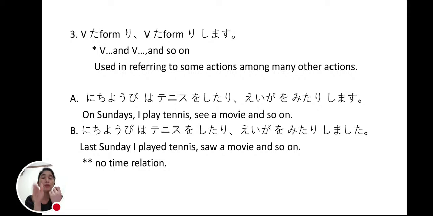For example, for the whole day, this day, what did you do? Minasan, what did you do today? So you can mention 2 of those.